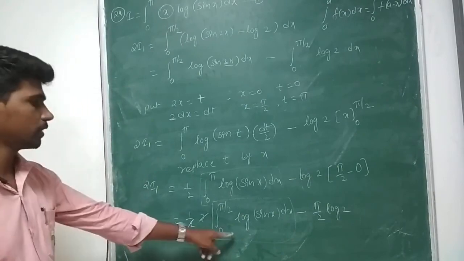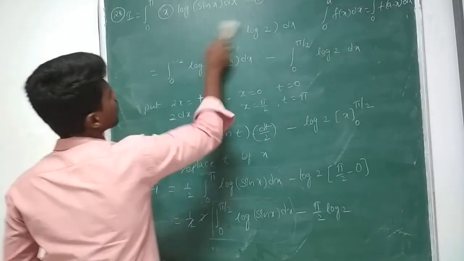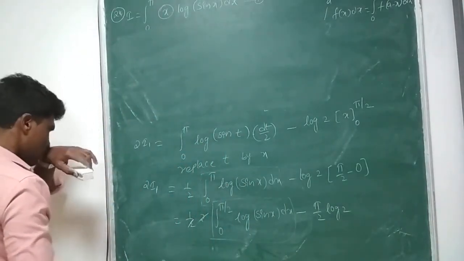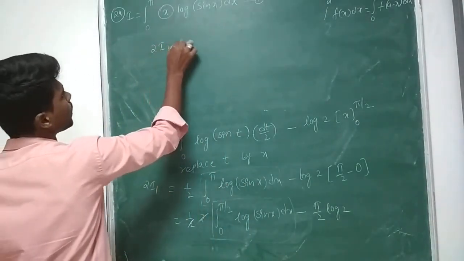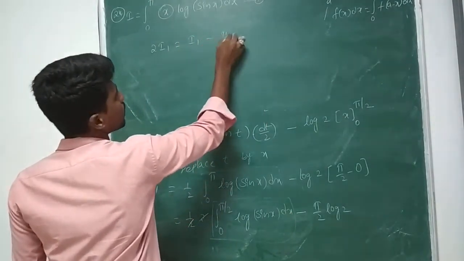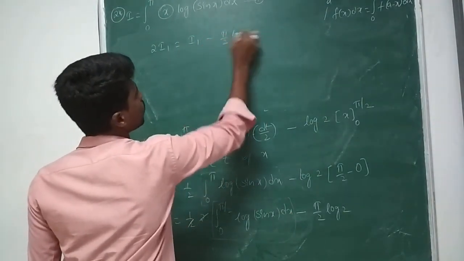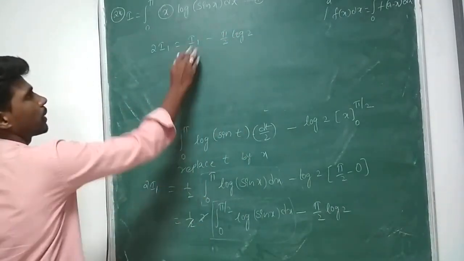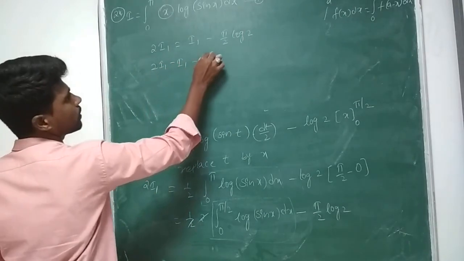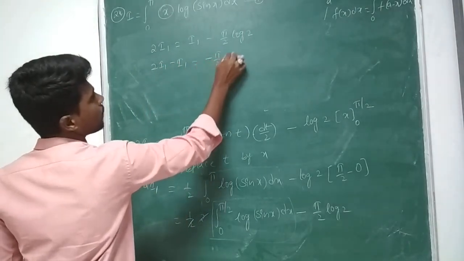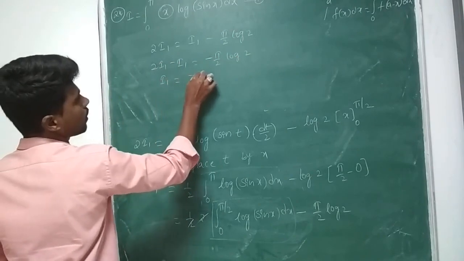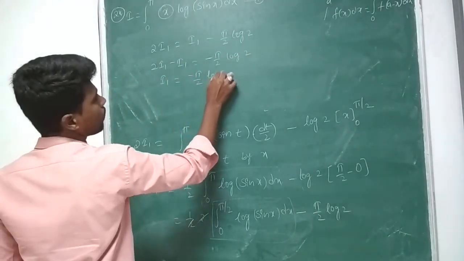If I replace this one as I1, what we get is 2I1 is equal to I1 minus pi by 2 into log 2. So plus I1 transferred to the left side, 2I1 minus I1 is equal to minus pi by 2 log 2. So I got I1 as minus pi by 2 log 2.